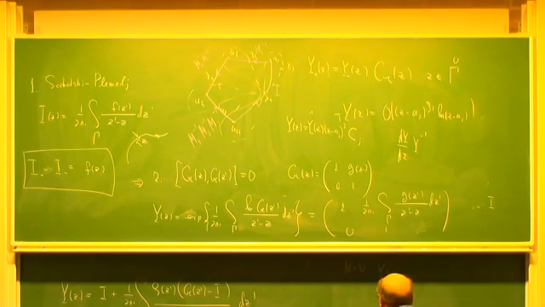C minus of f of z is 1 over 2 pi i, limit as z tilde goes to z from the minus side, integral over gamma of f of z prime over z prime minus z tilde.